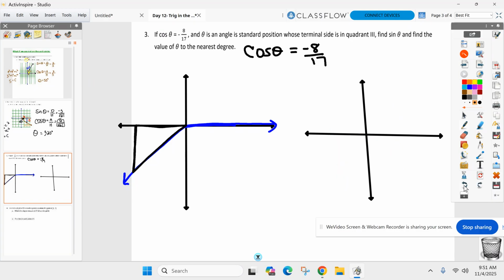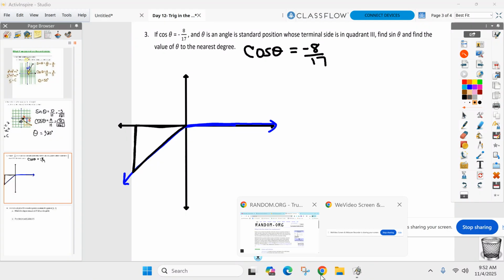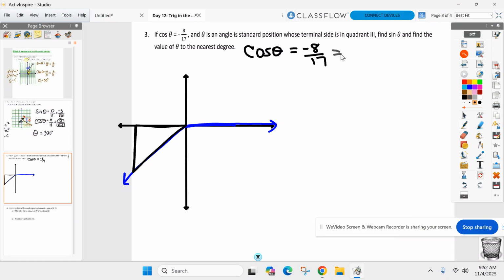Speaking of that triangle over there now, can I get rid of that? Yep. Cosine. What do you know about cosine? Because look, unlike the last two problems, guys, I don't know what any of these side lengths are. Brandon, what do you know about cosine? It's adjacent over hypotenuse. So I know what two sides are actually.